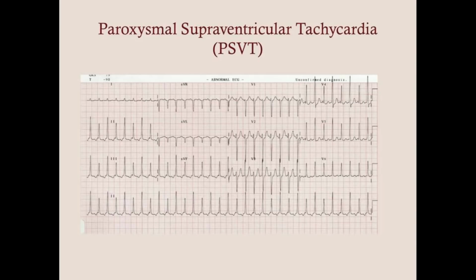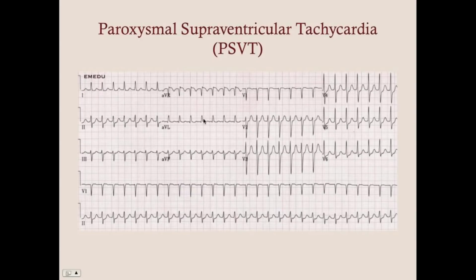You're getting stimulus to your AV node from other places. And so not every QRS complex is coming after an atrial depolarization. So you have your P wave, but it's kind of blending into the QRS complex because you're getting multiple sites of input to your AV node. And it's usually right next to that AV node.